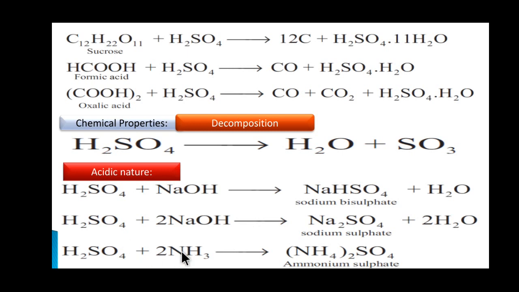And when it reacts with a weak base like ammonia, it gives a salt that is acidic in nature. Ammonia reacts with sulfuric acid to give ammonium sulfate as a product. So it shows acidic nature. So that is sulfuric acid as an acid.